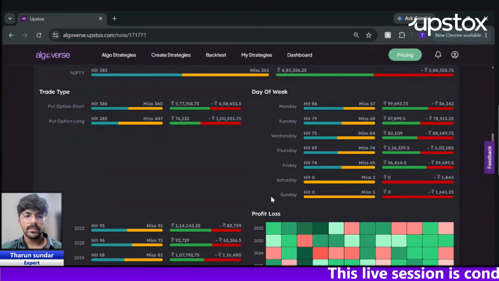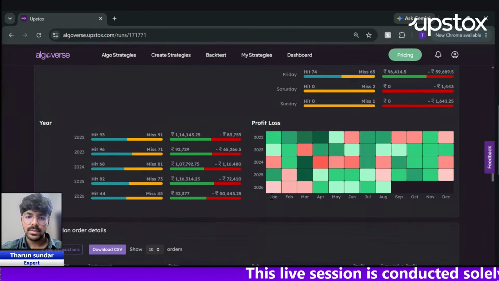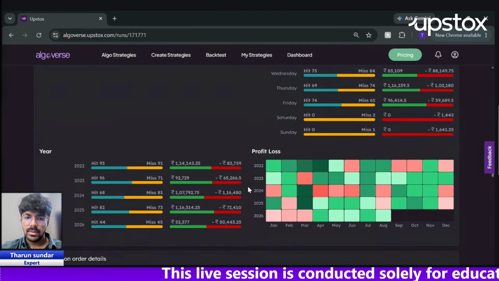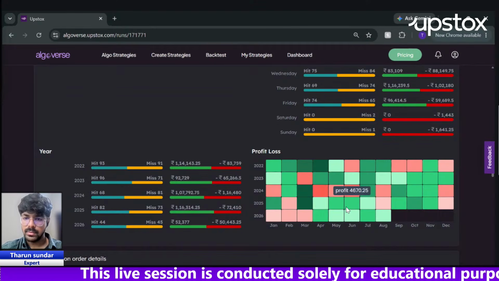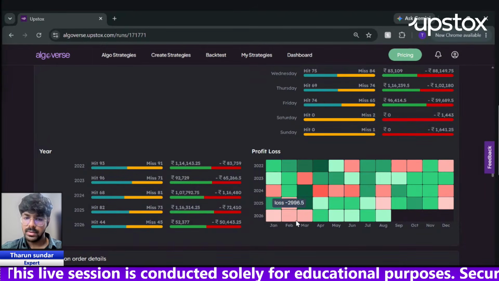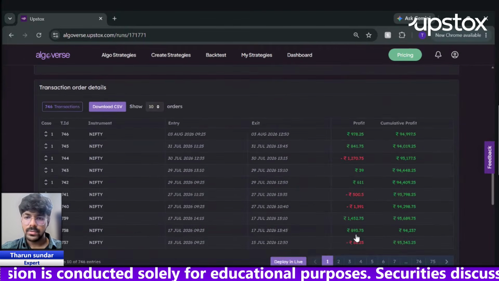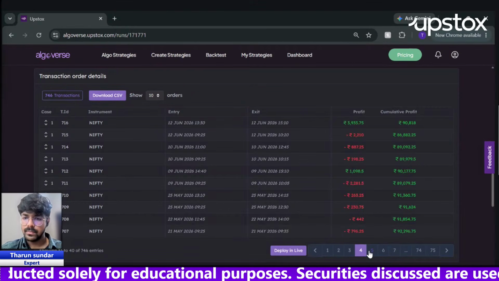And here I can see how the strategy has performed across multiple time frames. Let's say in 2025, it seemed to perform well, but not so well in the first 3 months of 2026. And I can also see individual transactions, as I told.